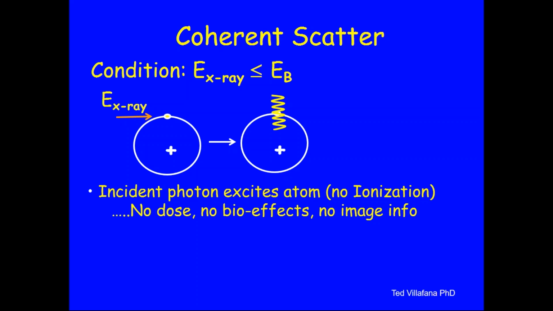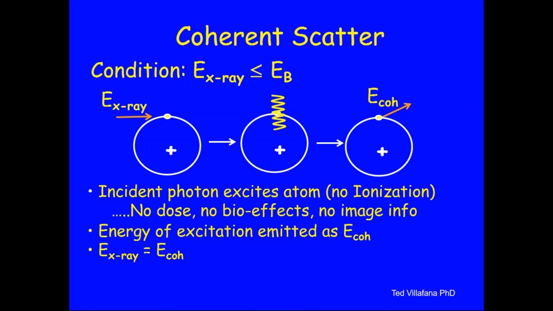Well, if there's no ionization, what will happen? The X-ray photon will transfer the energy to the electron, but now you're not going to have ionization. Excitation is shown in this middle panel. I'm just showing it to you as the electron not being kicked out, but excited, and I've shown that with these little waves over here. So you have excited the electrons, and then what's the final result?